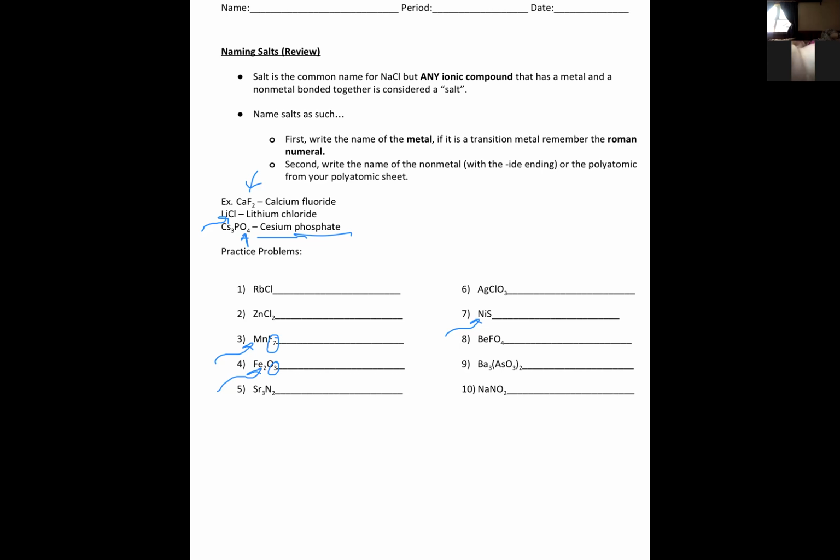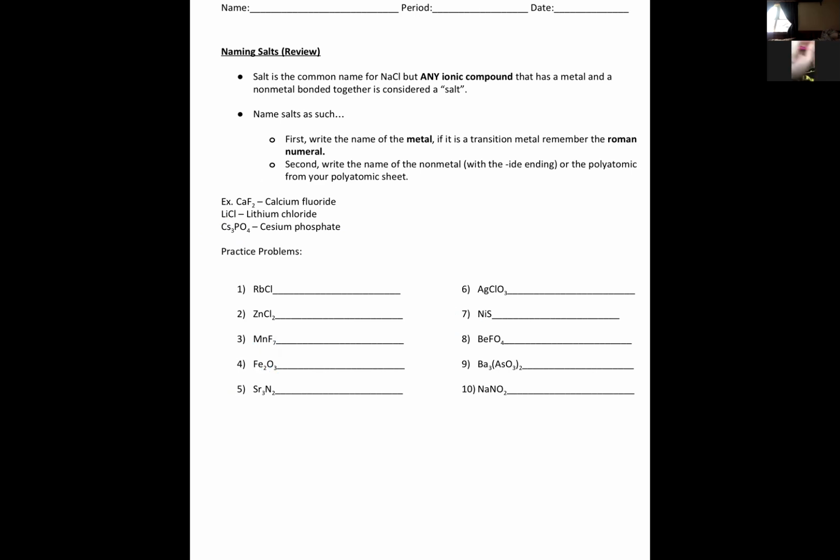So for number 3, MnF, that would be manganese fluoride, but because manganese is a transition metal, we have to say it's manganese 7 fluoride. I'm going to tell you number 7 is a simplified one. Sulfur is supposed to have a -2 charge. So where did that 2 go? You guys will have to figure that out and remember how to do that.